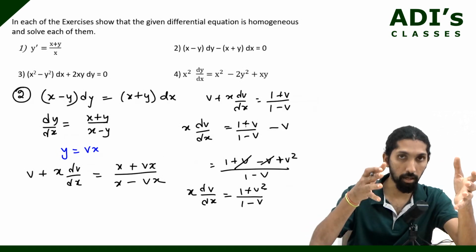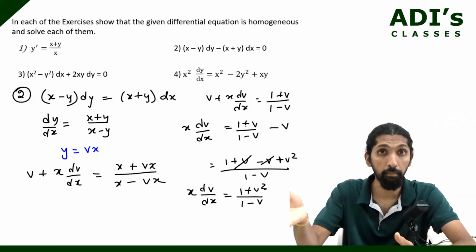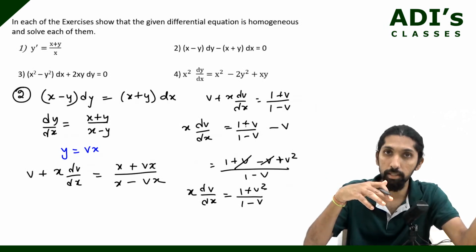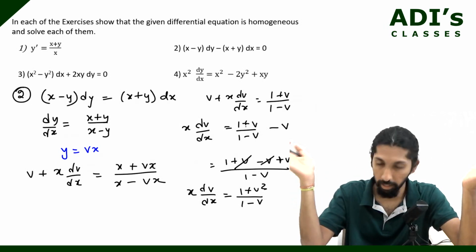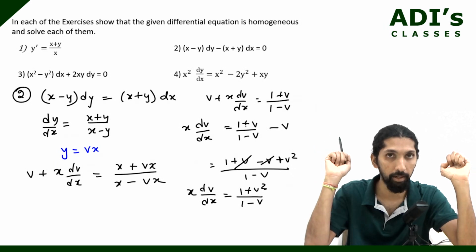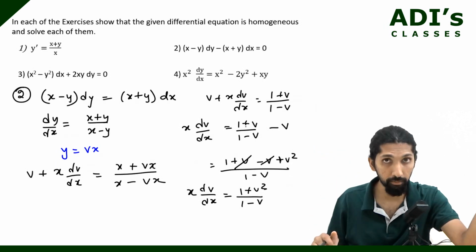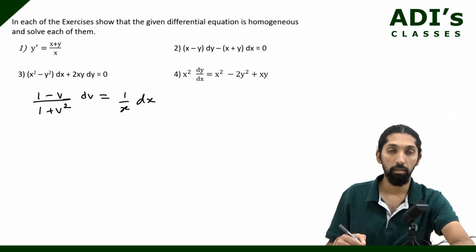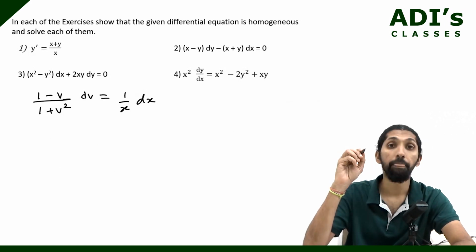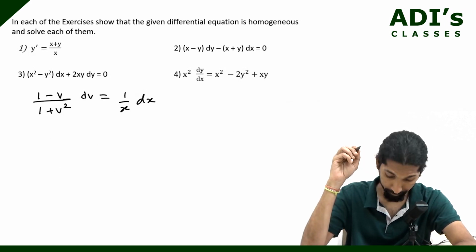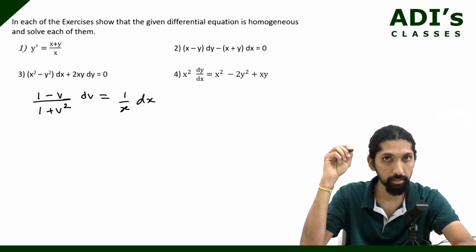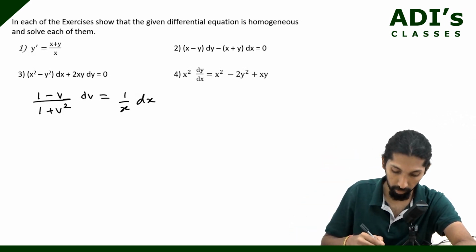Now you know this is converted into variable separable form. Take all the v's on one side, take all the x's on the other side, and then we just integrate it. Fine. Let's take the v on the other side now. We have 1 minus v by 1 plus v square dv is equal to 1 by x dx. Now the next step is what?